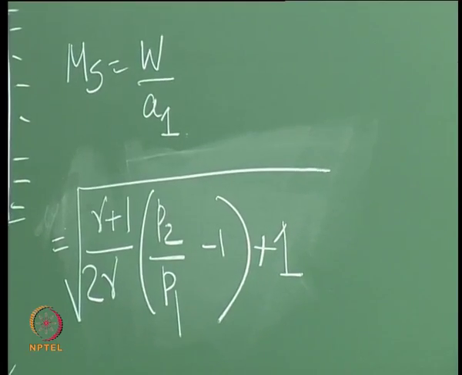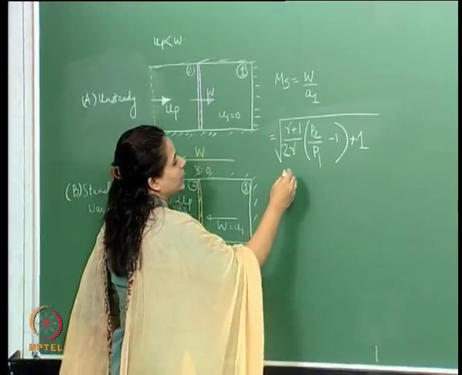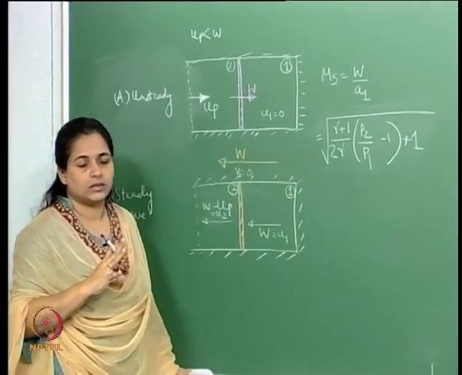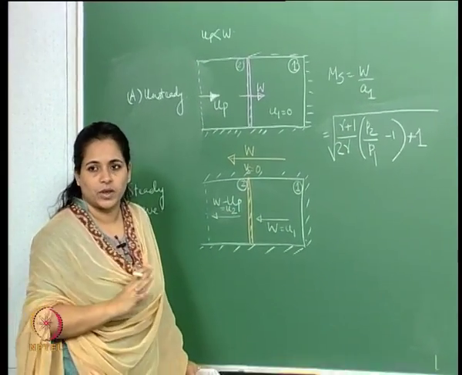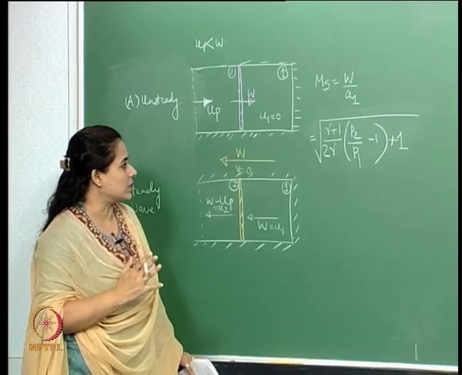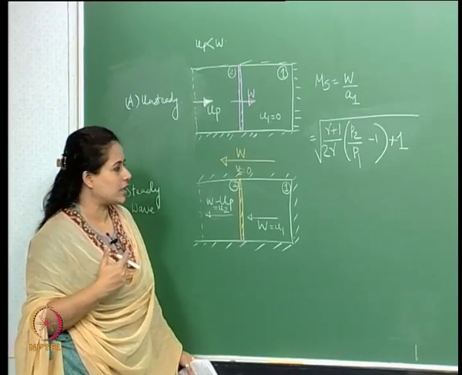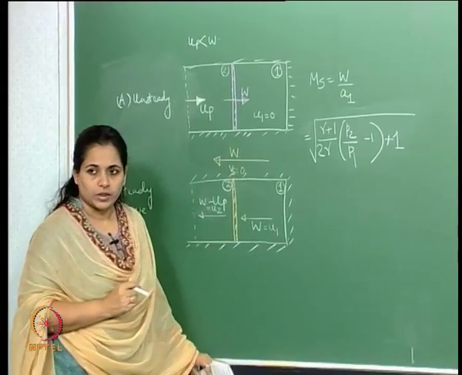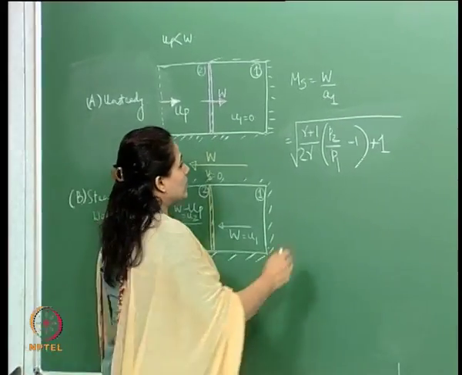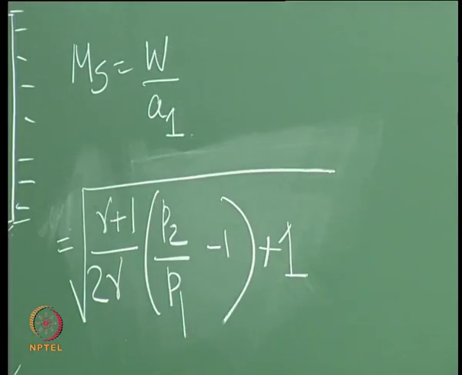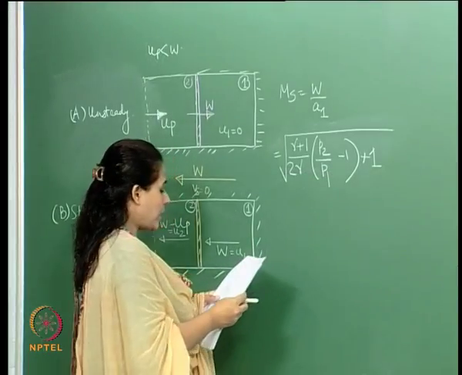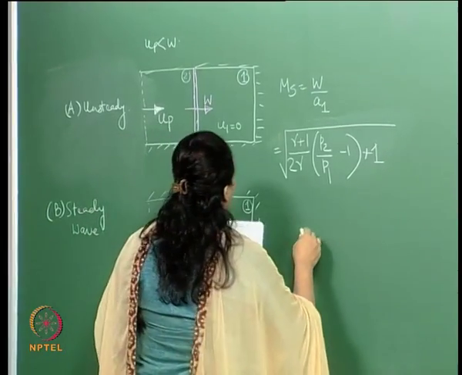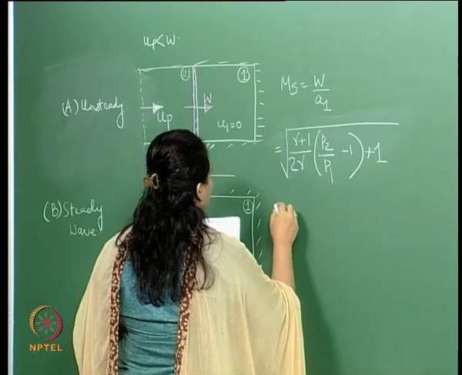Like we said in the last lecture, the strength of the shock here is governed by the pressure ratios across it, unlike in the steady state case where we deal with the incoming Mach number. So this is the Mach number of the wave, and therefore I can also write this.